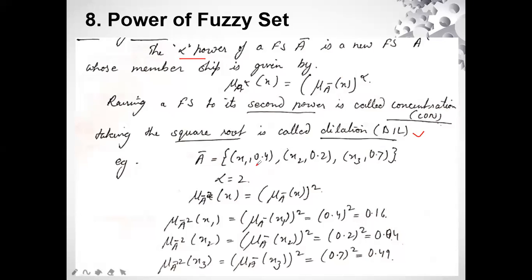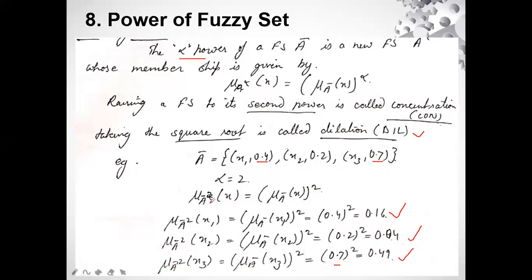How do we calculate? 0.4 square for x1. So it is 0.16. Again, mu A bar squared at x2, so 0.2 squared is equal to 0.04. And for mu A bar of x3, 0.7 squared is 0.49.